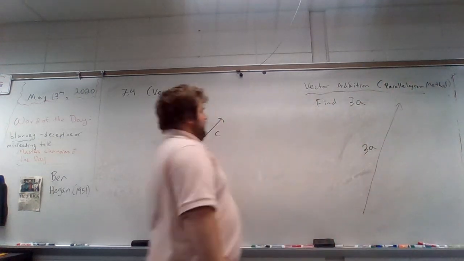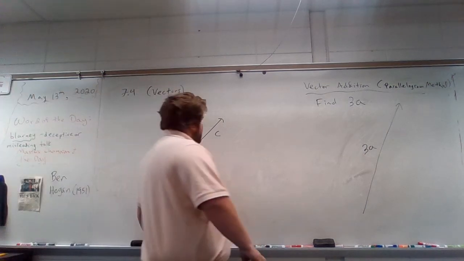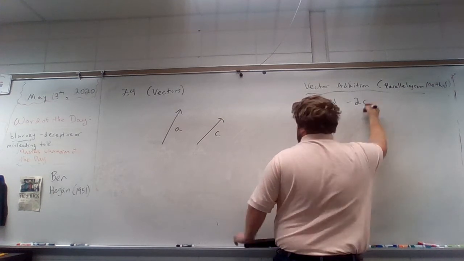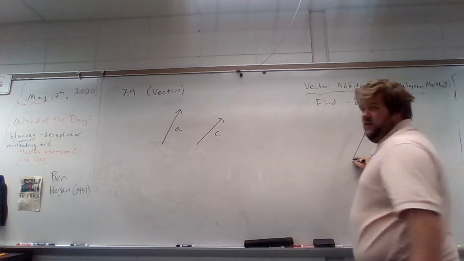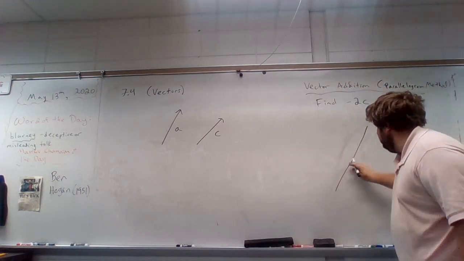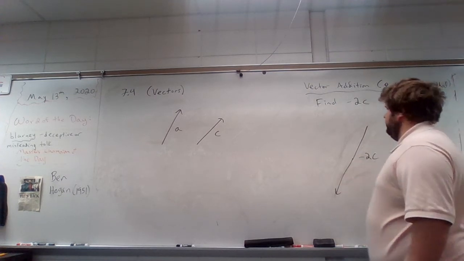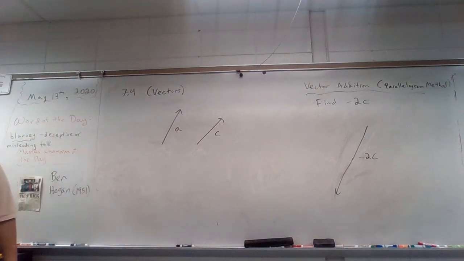It looks something like that. Or if I wanted to find, let's say, negative 2C, I would flip that vector around, and then instead of 1 copy of C, it would be 2. It would be negative 2C. And try to draw it as straight as you can there. All right, so that's a little bit about how I would add vectors and multiply by a scalar multiple.